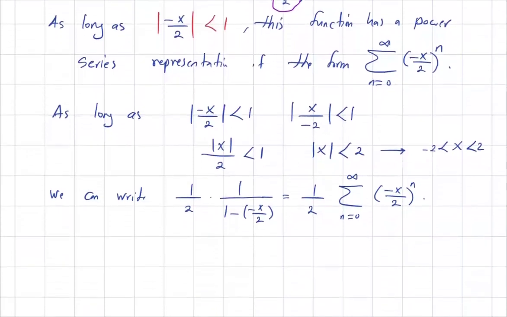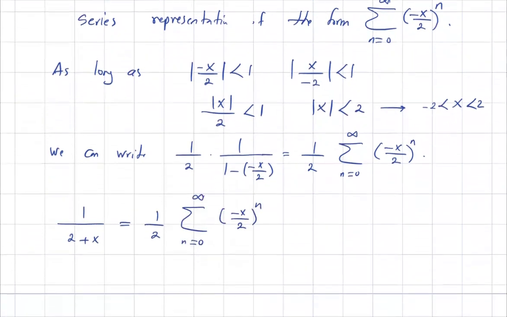So far we showed that 1 divided by 2 plus x is a half the summation of negative x divided by 2 to power n, and start from 0 to infinity. You can rewrite this, do a little bit of algebra.